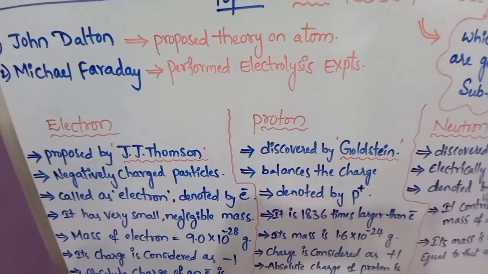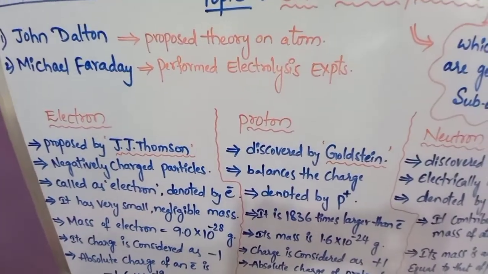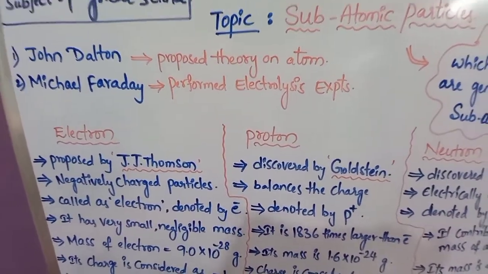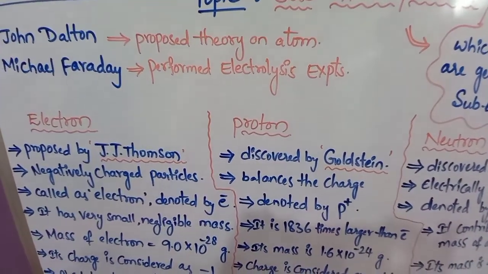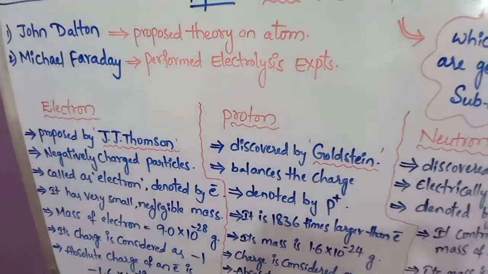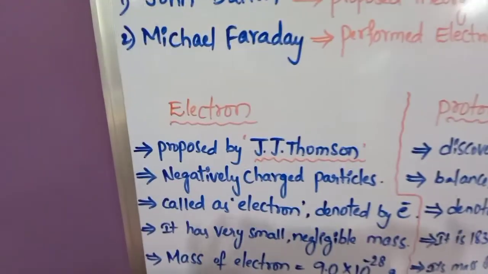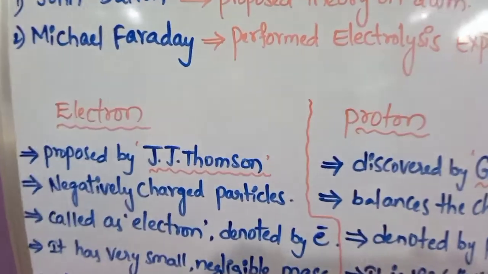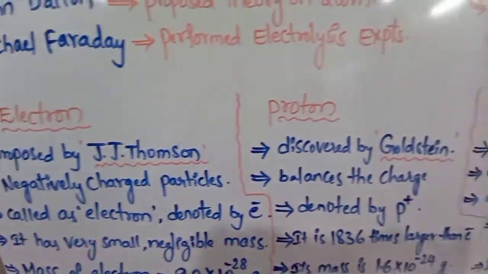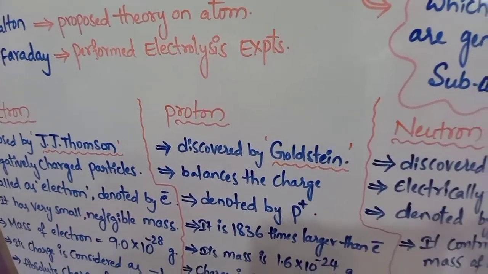Most of the time atoms exist in a neutral state. Hence, it was expected that atoms carry one more type of particle carrying the opposite charge to that of the electron. As the electron is the negatively charged particle, the atom was also expected to have oppositely charged particles, that means positively charged particles.